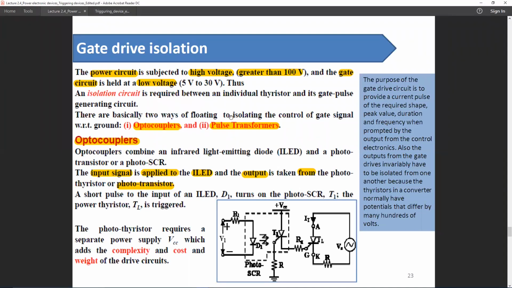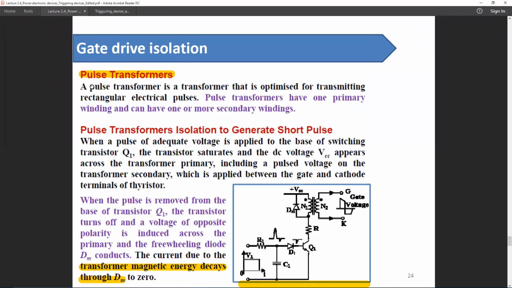Another kind of isolation is galvanic isolation, which uses transformers. So this is a practical example of using a pulse transformer. But if we only concentrate on this transformer, we can clearly see that the input side and output side of the transformer are electrically isolated but magnetically connected.